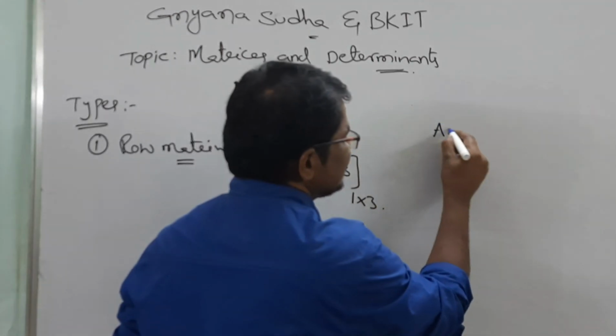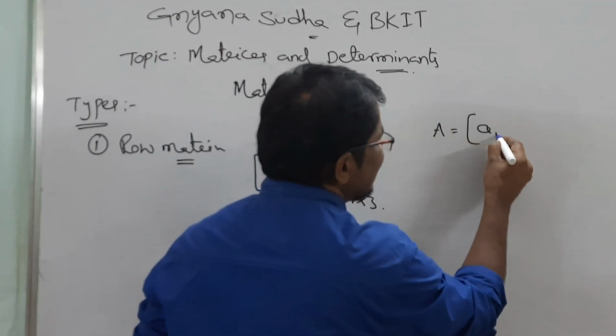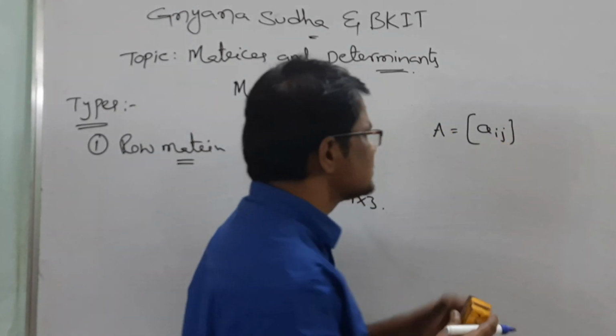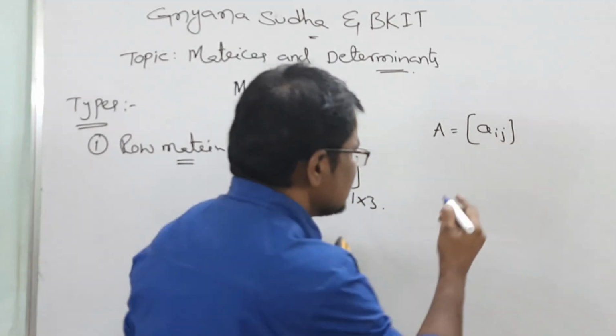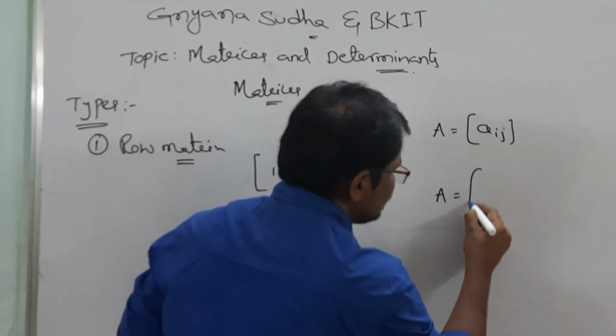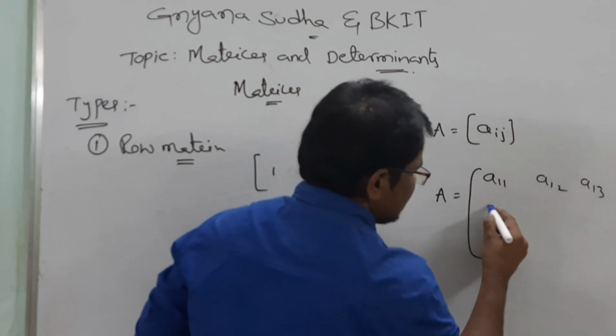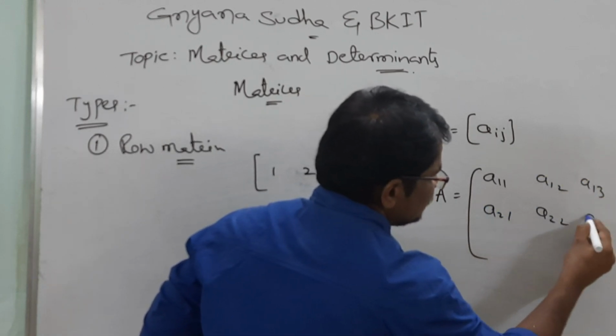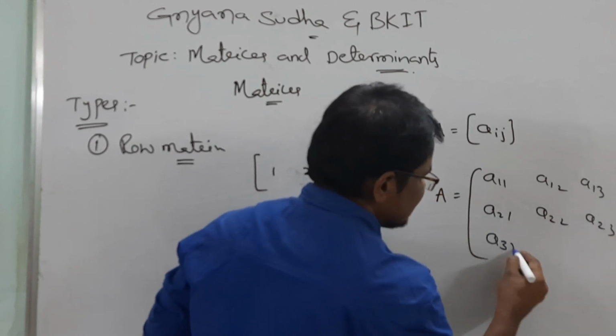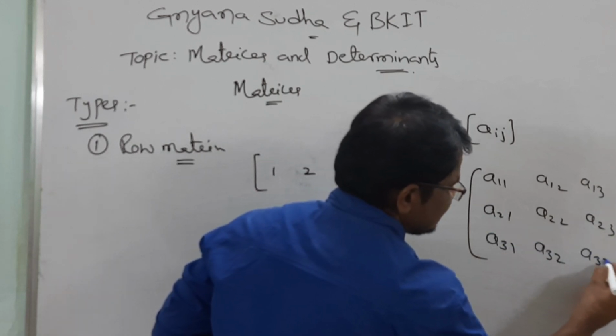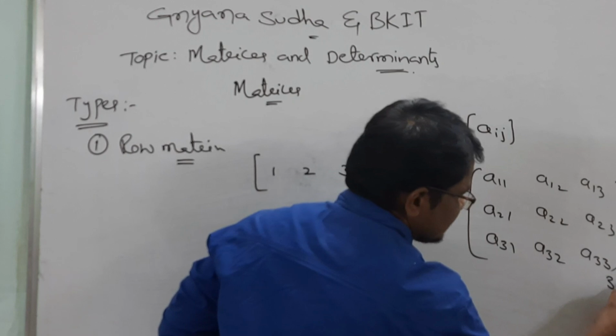Also you can define it like this. Suppose A equal to Aij. Aij means this is the position of that element. Suppose A equal to A11, A12, A13, A21, A22, A23, next A31, A32, A33. So this is a matrix of order 3.